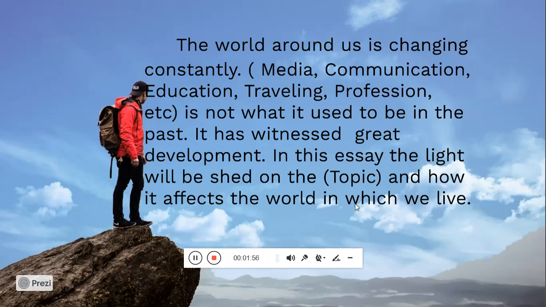Okay, so here you can give more examples or more topics from your own, but as I told you, try to write the topic down here. This is called the thesis statement. The sentence below, from In this essay, is called the thesis statement. The sentence above is called grabbers, or attention grabbers, the sentence that grabs the reader's attention.